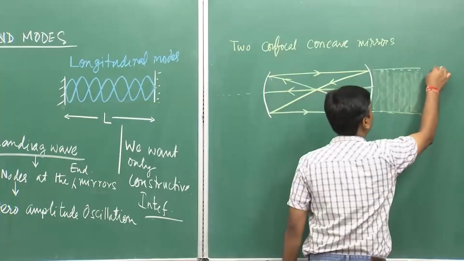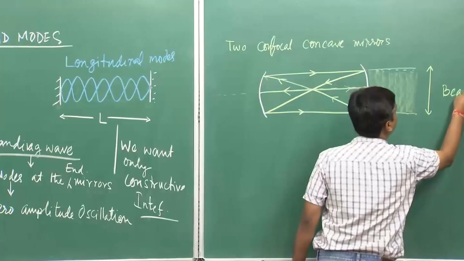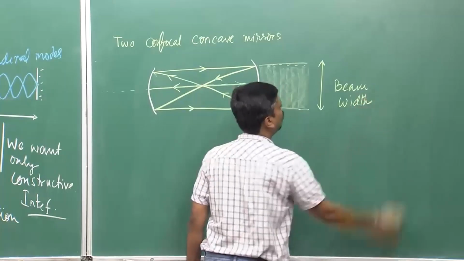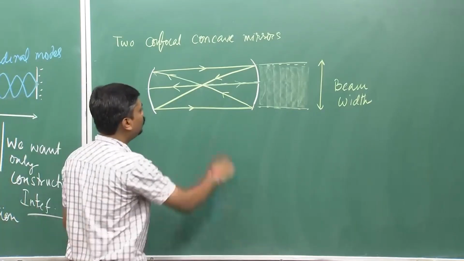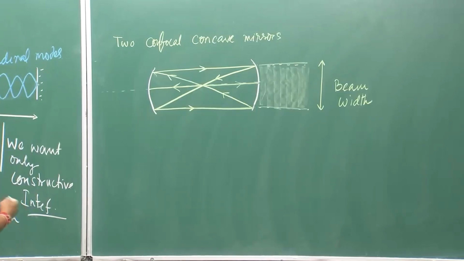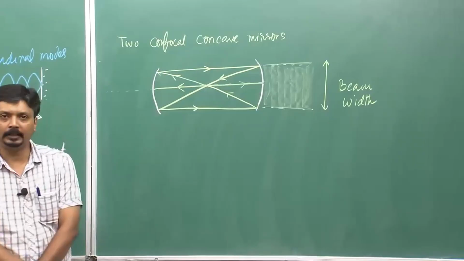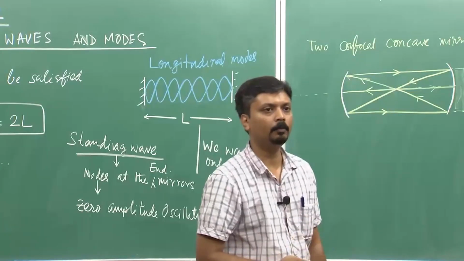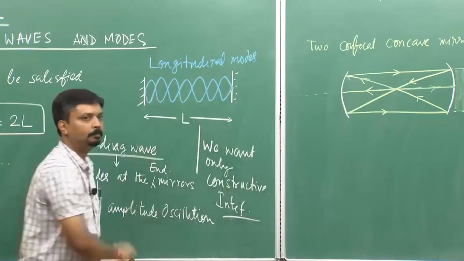So, it will have its own beam width. There are several other things that the beam width depends on. Okay, we will talk about that. So, in such kind of cavity with confocal concave mirrors, since we are collecting the off axis photon also, the advantage is that the intensity of the laser output is much more compared to this system.